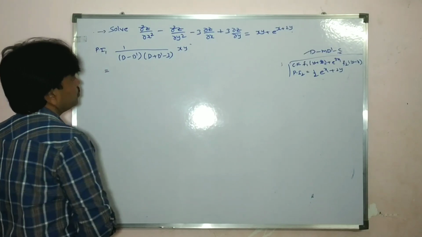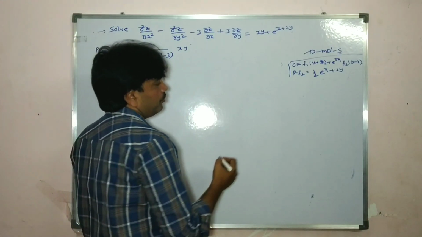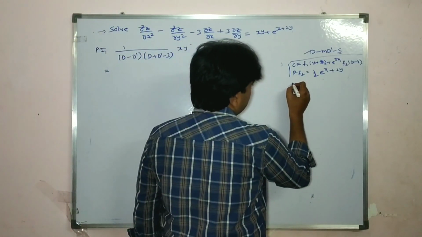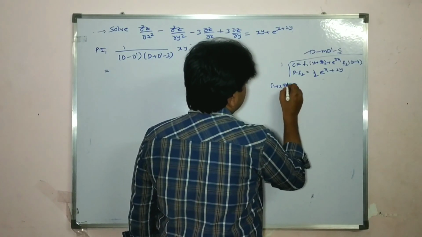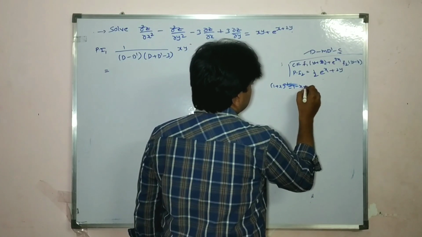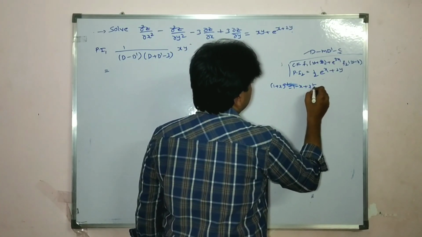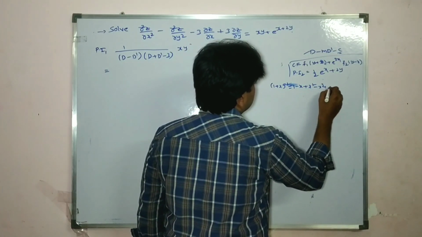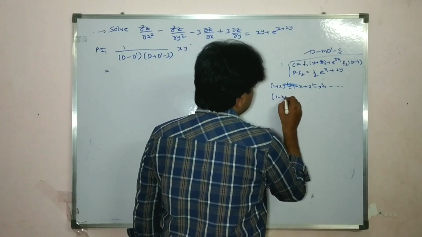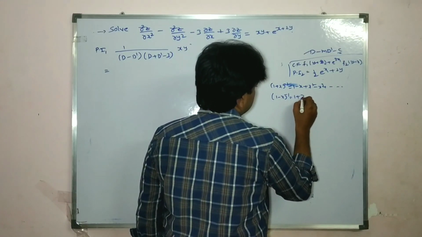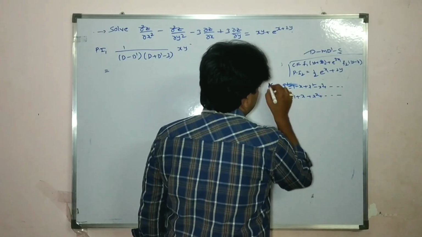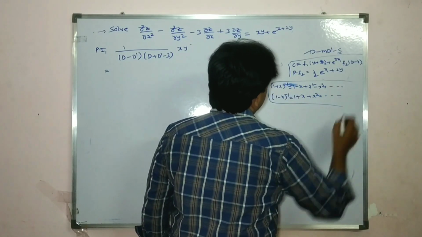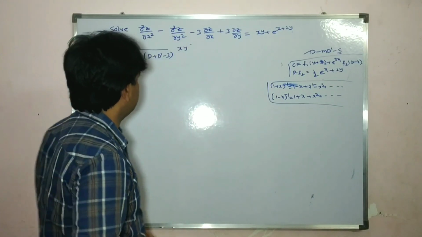What is our formula, students? 1 plus x whole power minus 1 equals 1 minus x plus x square minus x cube and so on, or 1 minus x whole power minus 1 equals 1 plus x plus x square and so on. These are the formulas, students. It is like 1 plus x or 1 minus x.